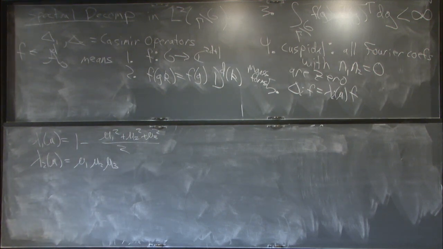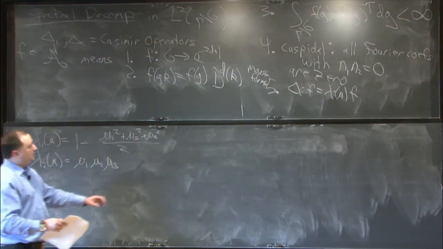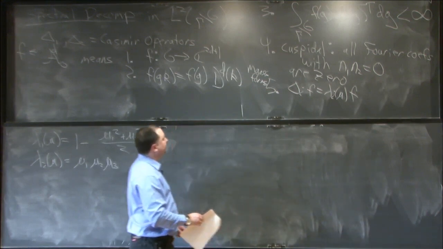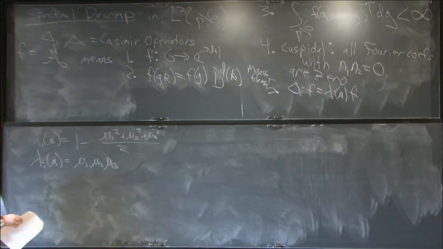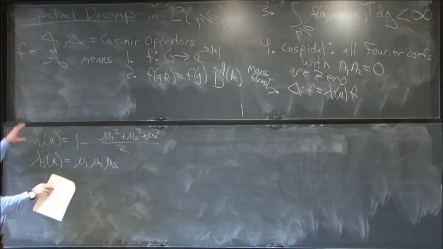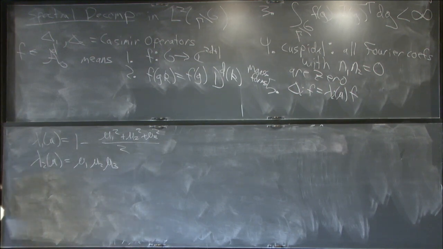Okay, so we have automorphic forms of weight k and Maass forms of weight k. And from this I can build a basis of actually the L2 space of G mod gamma, but I need to say a little bit.